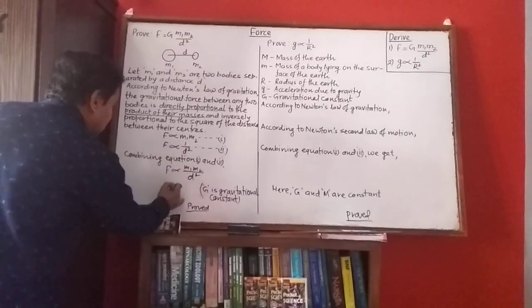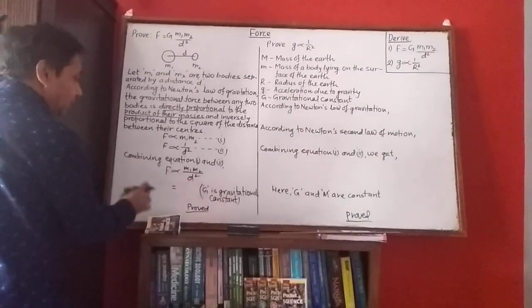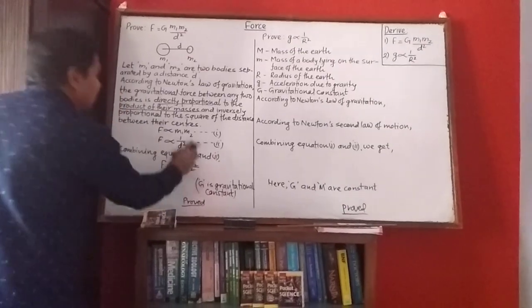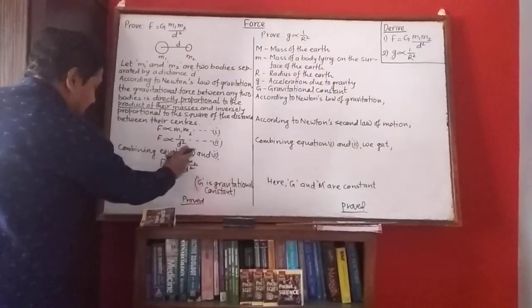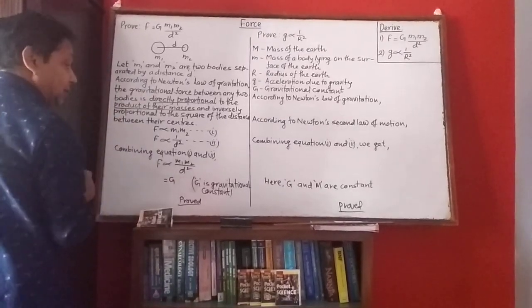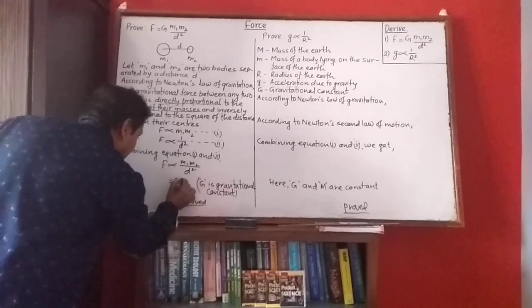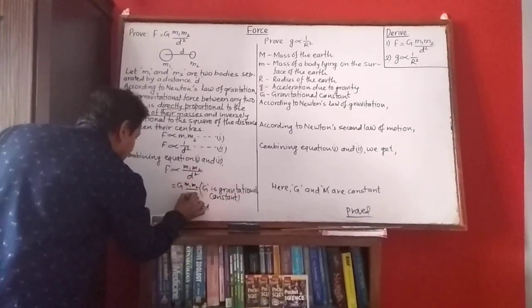That's why this proportionality sign can be converted into an equal sign, but the constant between them should be written in the expression. The constant between them is taken as the gravitational constant. It is denoted by capital G, so F equals G m1 m2 by d square.